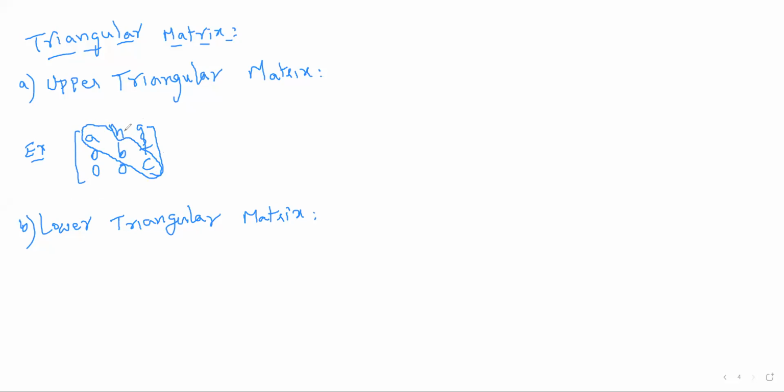Above the principal diagonal, the elements are non-zero. Below the principal diagonal, the elements are 0. So if the elements above the principal diagonal are non-zero, that is called an upper triangular matrix.